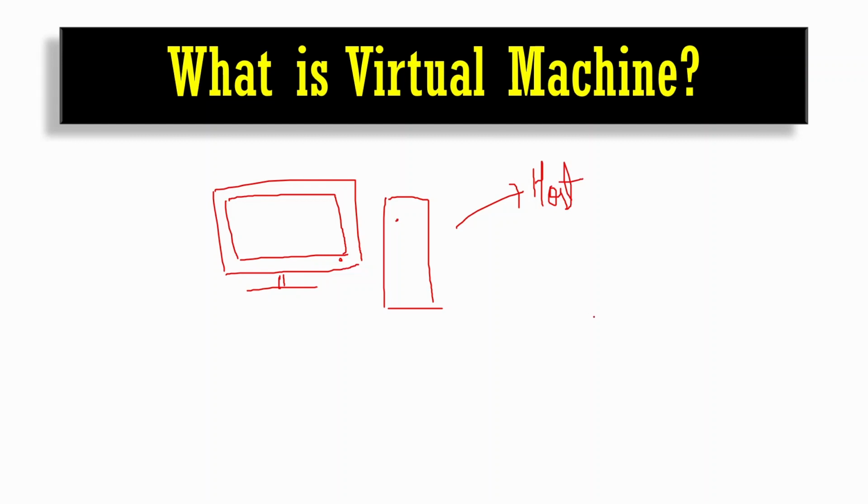And then let's suppose you are having Windows on this main computer, and if you want to install Parrot OS on this without disturbing your main computer, what you can do is install a virtual machine. Virtual machine is nothing more but a computer inside a computer. So this is your computer, and inside this it will have a computer.